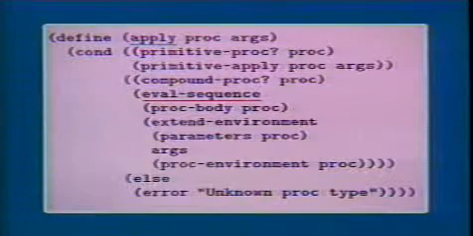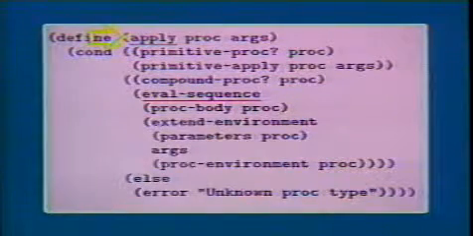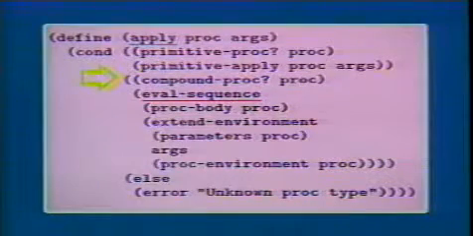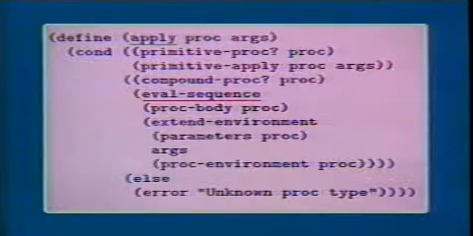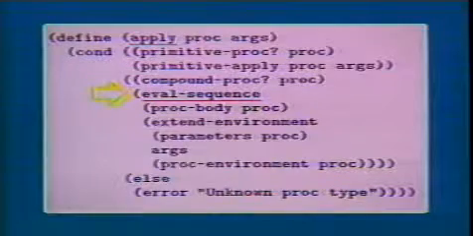Then in the evaluator, there's a hard recursion. There's eval, the red to green. Eval calls apply. That's the case where evaluating a procedure argument reduces to applying the procedure to the list of arguments. And then apply comes over here. Apply takes a procedure and arguments, and in the general case where there's a compound procedure, apply goes around and green calls red. Apply comes around and calls eval again.